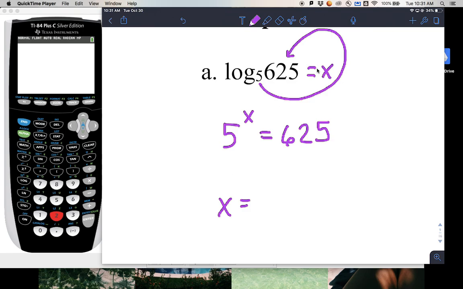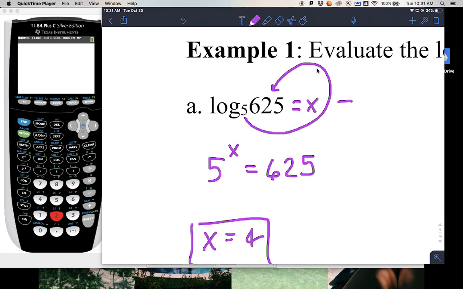That'd be too small. 5 squared would be 25, that would not be 625. That's a little too small. 5 to the third power would be 125. So actually this one here will be 5 to the fourth power. So x is equal to 4, or you can say that this thing simplifies down to 4.